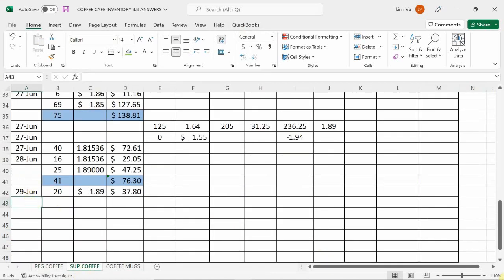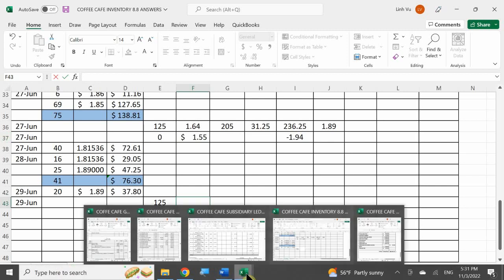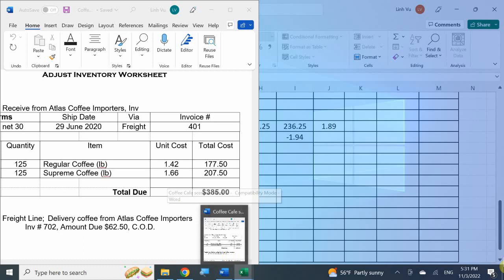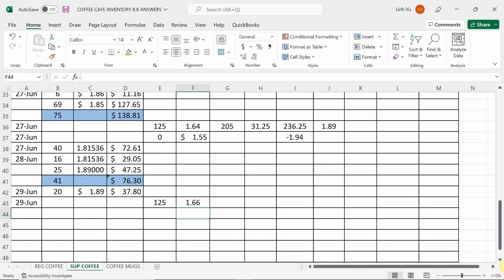Supreme Coffee. Today's the 29th. You purchase 125 pounds at $1.66, which will give you your $207.50 plus $31.25 will give you your total cost of $238.75. Because this is FIFO, we're going to calculate that. It's going to be $1.91.